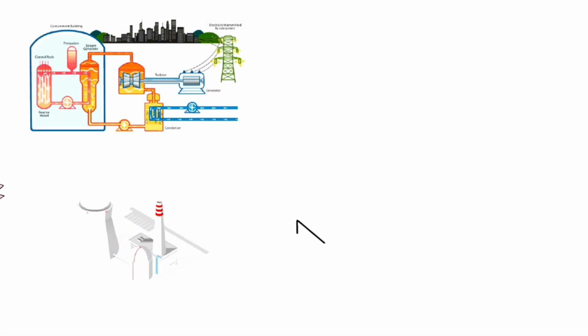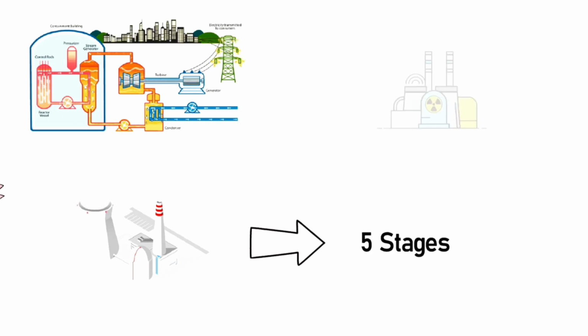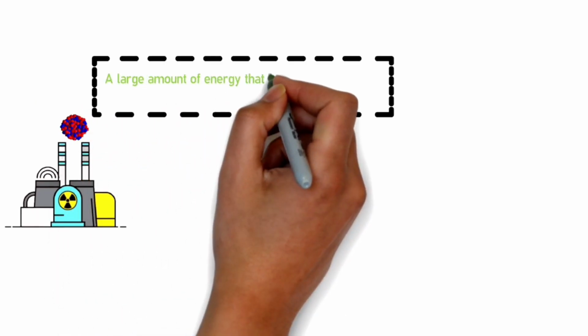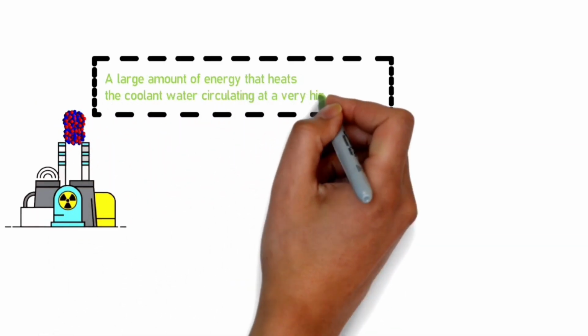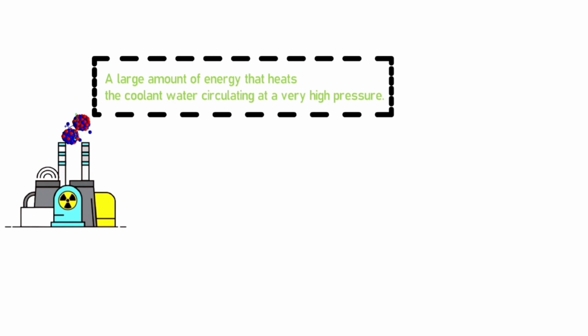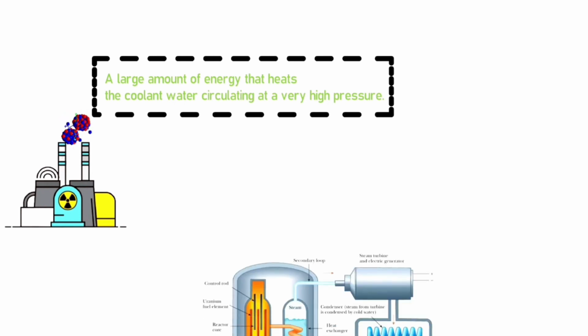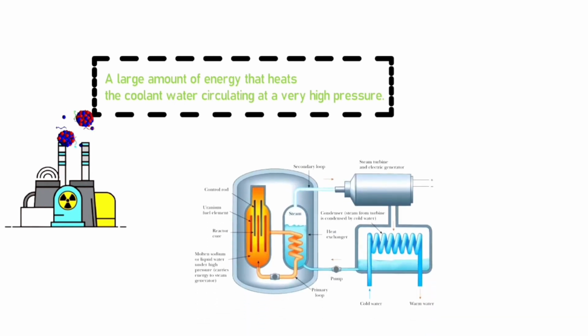The way a nuclear power plant works can be simplified into 5 stages. The uranium fission takes place inside the nuclear reactor. It releases a large amount of energy that heats the coolant water circulating at very high pressure. This water is transported via the primary circuit to a heat exchanger that produces water steam.